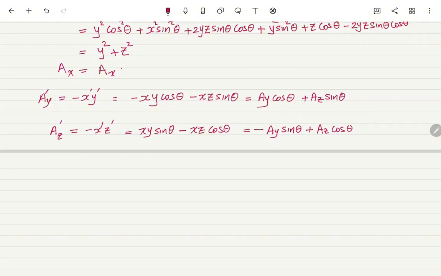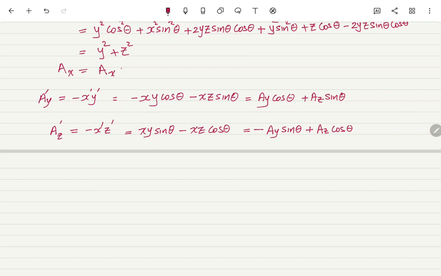From the above, y square plus z square, minus xy, and minus xz satisfy the vector transformation rule for rotations about the x-axis. Now we need to check if these vectors satisfy the vector transformation rules for rotations around the y-axis.